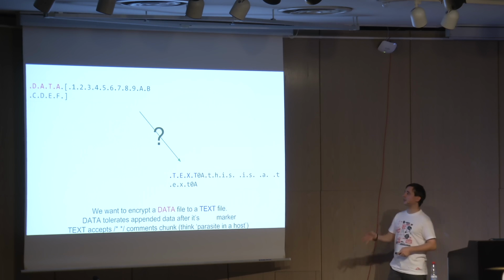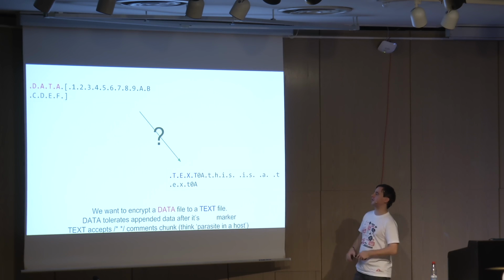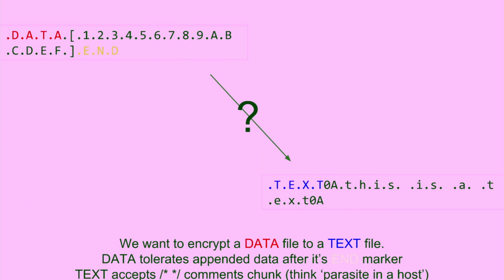So basically, let's take two fake file formats. We have a data file format and we have a text file format. And the properties that are important is that data has an end terminator, and what comes after this end terminator is ignored. So data tolerates appended data. And text also tolerates a comment, like I'll just take the normal comments.